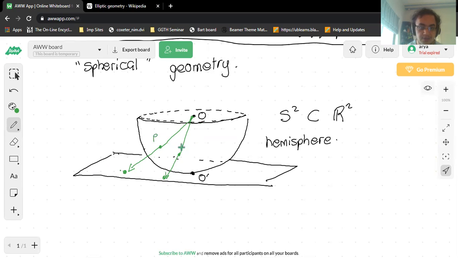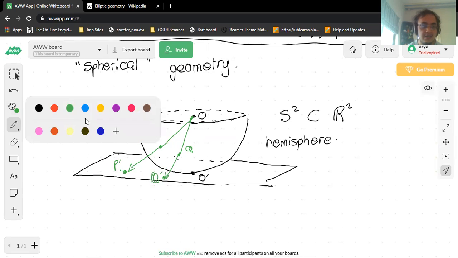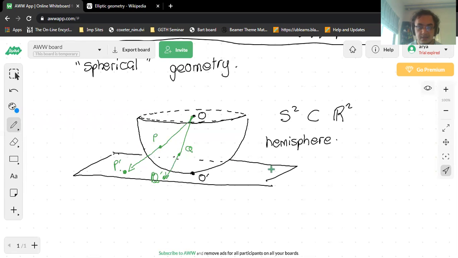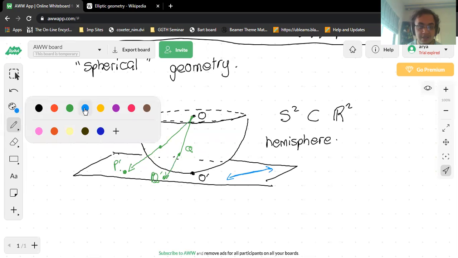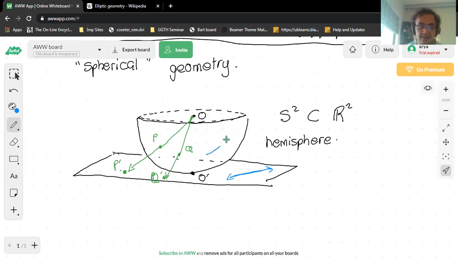So suppose the points on the hemisphere are P and Q. This corresponds to some points P dash and Q dash. Similarly, if you have a line in the plane, not necessarily passing through the origin, but any line in the plane, then you can consider its pre-image on the hemisphere, and that would give you a circular arc, which is basically sort of a great circle.